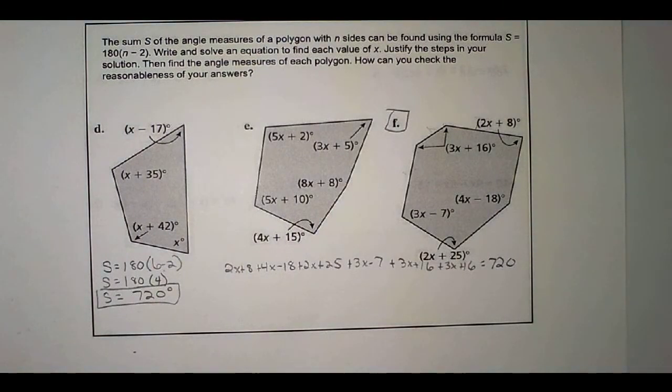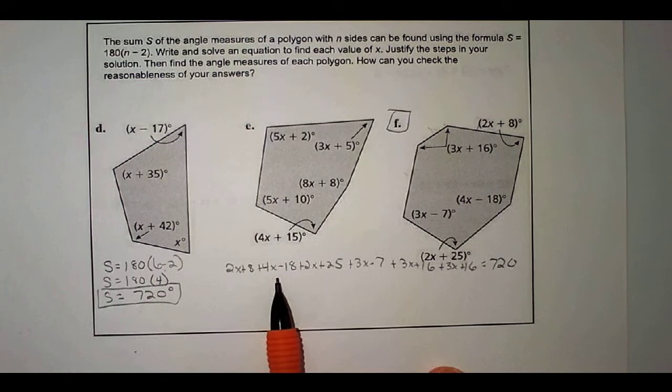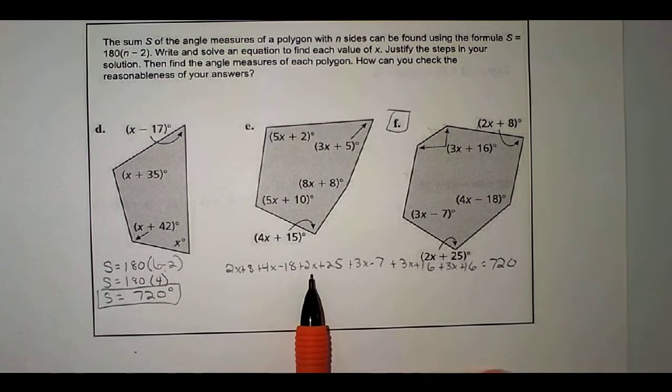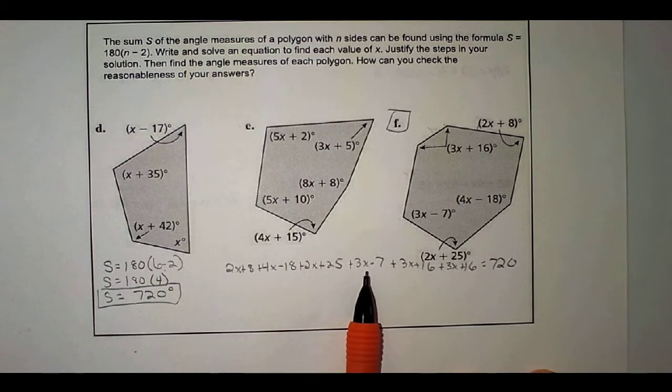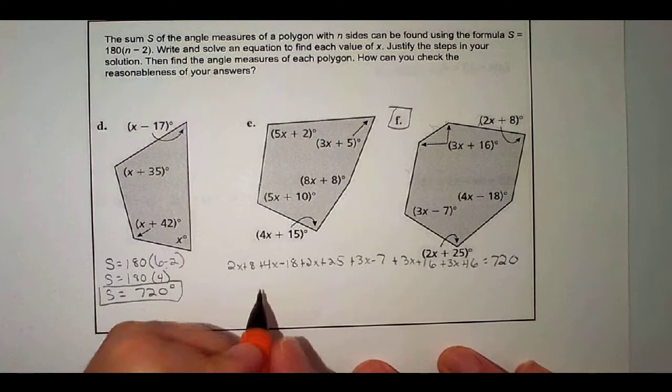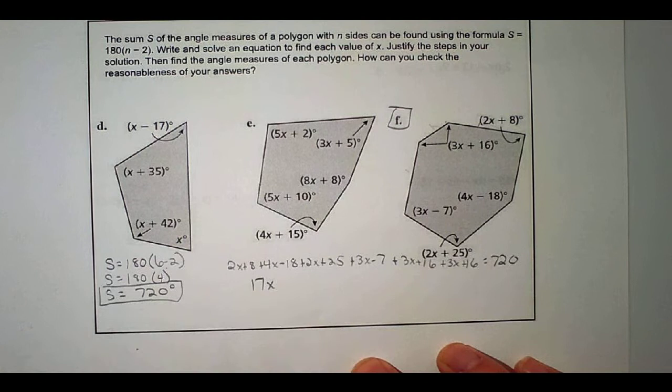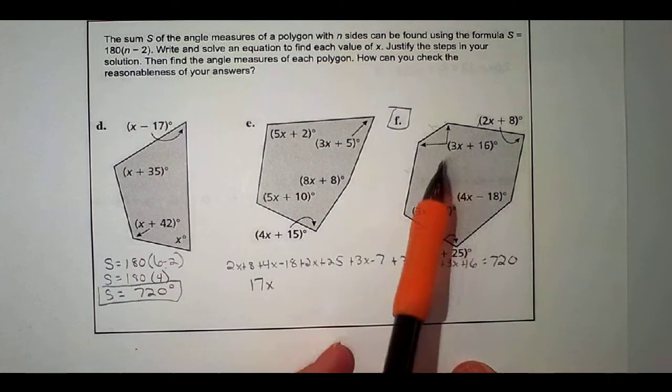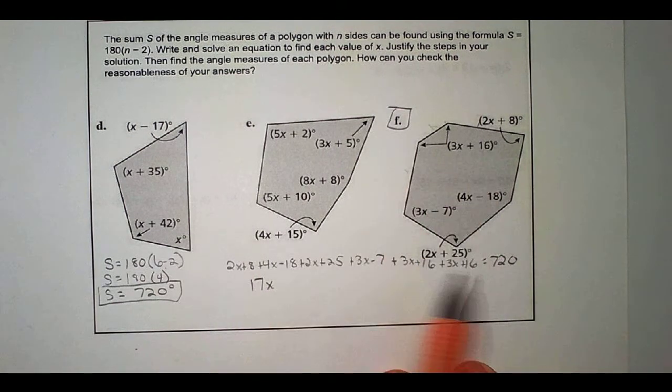So my first step is to combine like terms. So I have 2x, 4x, 2x, 3x, 3x, and 3x. 2 and 4 is 6, plus 2 is 8, plus 3 is 11, plus 3 is 14, plus 3 is 17. If you can look at these and just add them up without writing out that step, you do not have to write that whole thing out.